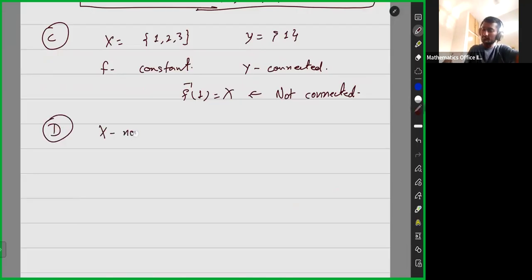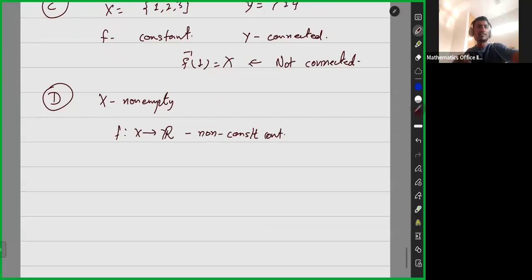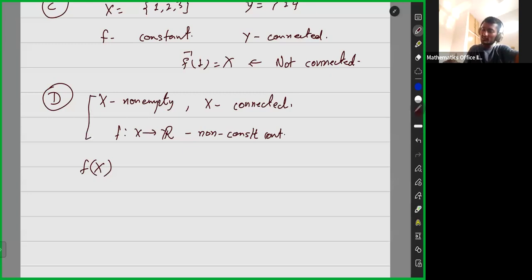X non-empty, f from X to R, non-constant, continuous. Non-constant means it has at least two images, and X is connected also. It is given. So the image should be connected. From all these things, we conclude that f(X) is connected.